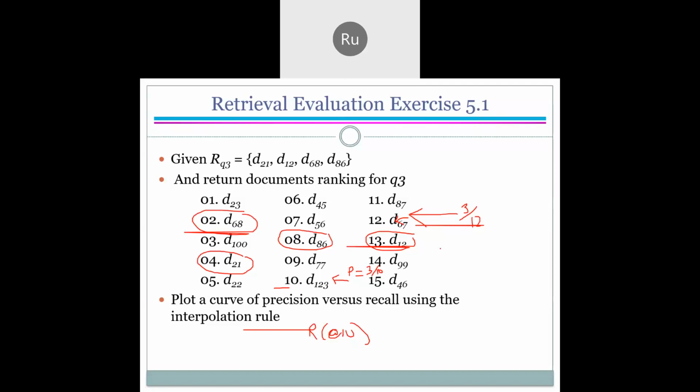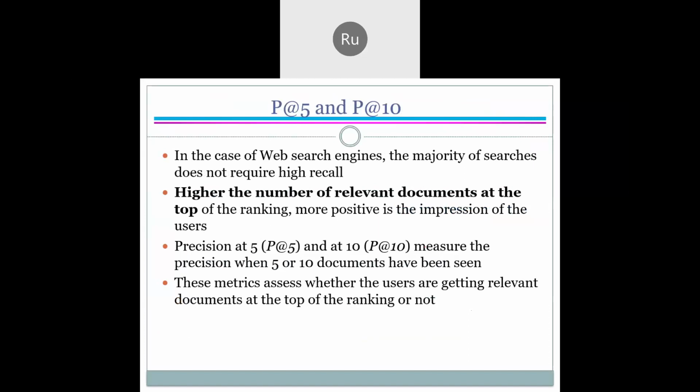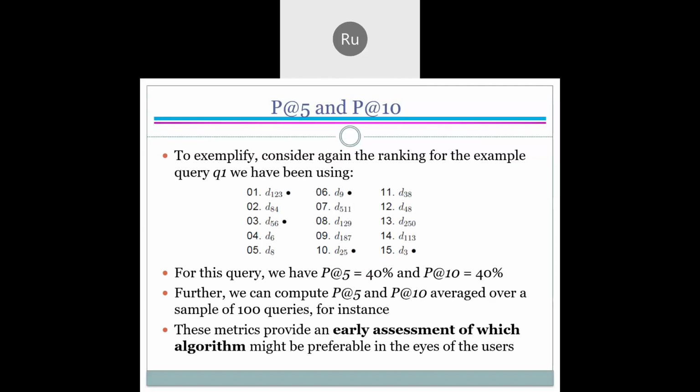So if we go back to here, single value summary. Basically, we are looking at a single position in the list of records or list of documents given to you. For example, precision at 5 or precision at 10, so we are looking at the 5th document or the 10th document. So if we want the precision at document 5, which is here, it is 2/5, right?